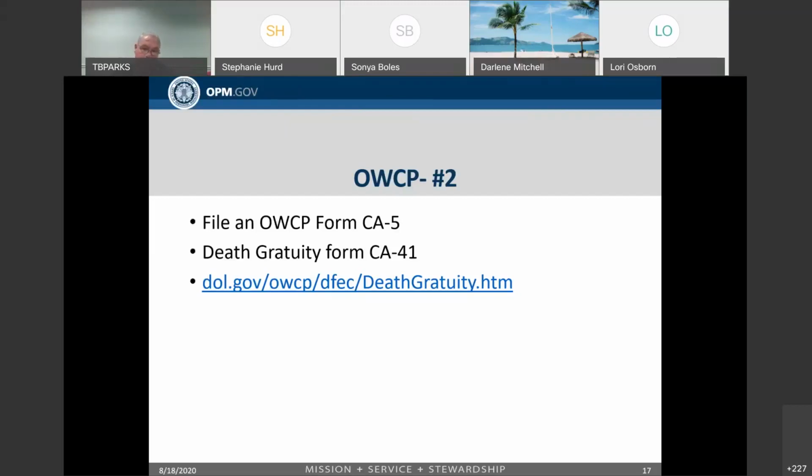We leave that money in the fund because if that person ever loses entitlement to workers' compensation survivor benefits, that gives them an opportunity to still receive a survivor benefit through OPM. The handbook has not been updated to reflect that, but we've received guidance that we do not pay that out. I just wanted to get that out there so you knew that.